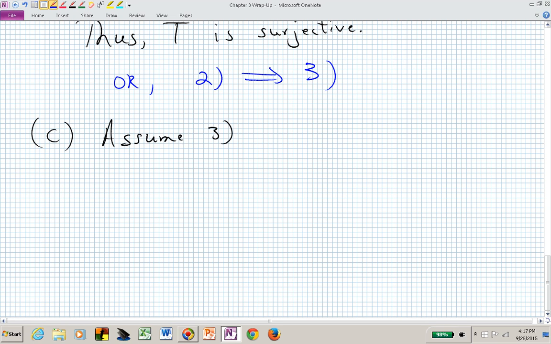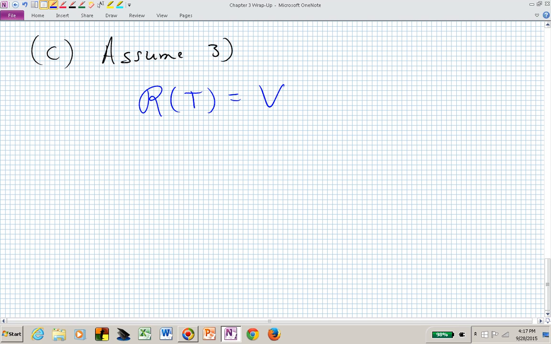So if it's surjective, that means we can cover the entire codomain. What do we mean by cover? That means the range of that operator can reach any vector in our codomain. We're now saying that the range of T is in fact V, since V is our codomain in this case. Our domain and codomain are the same.